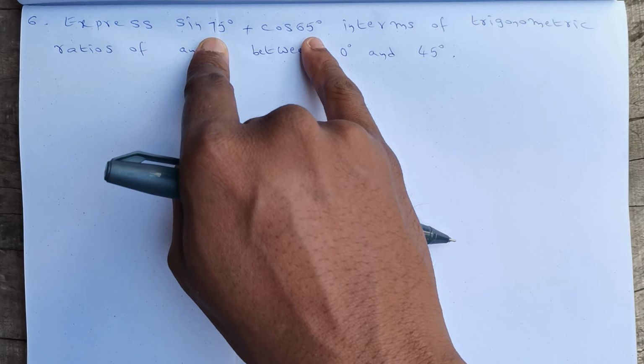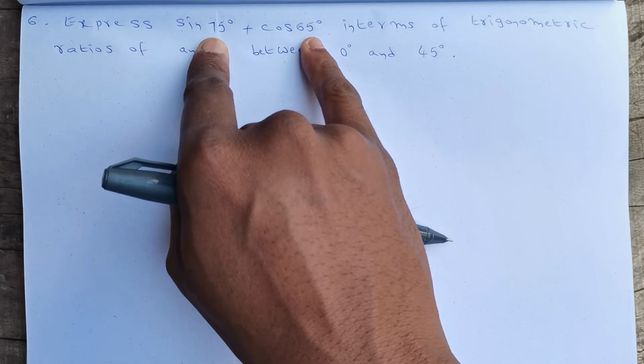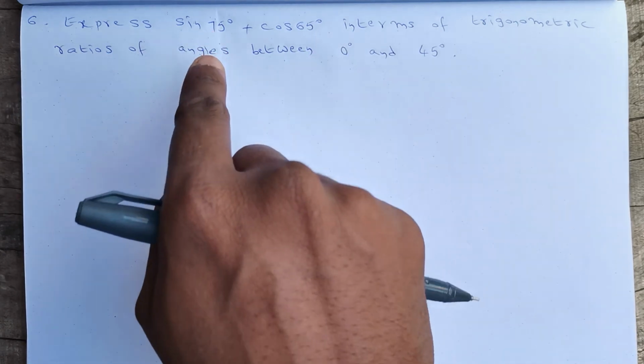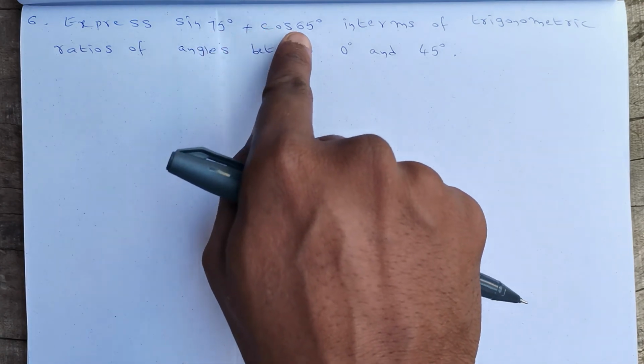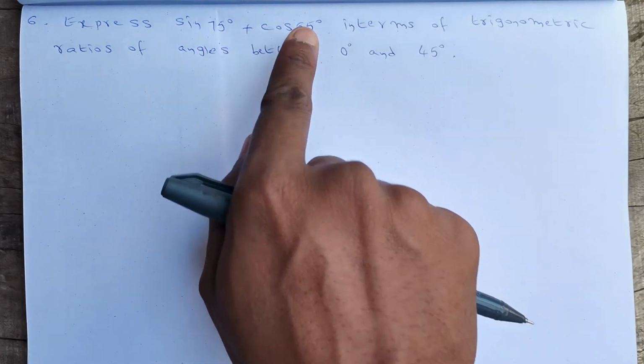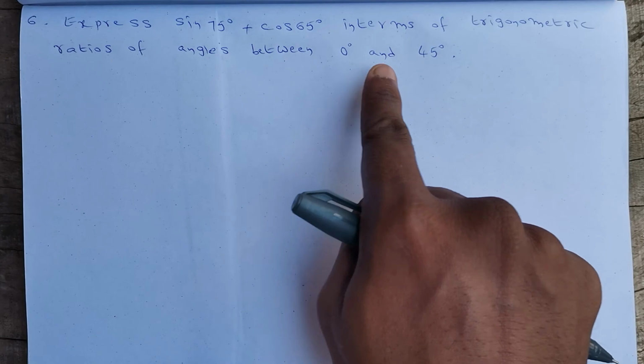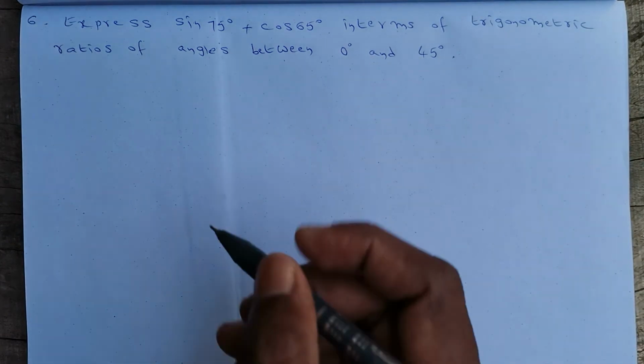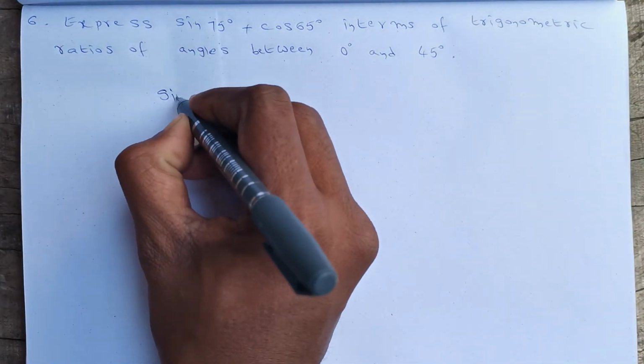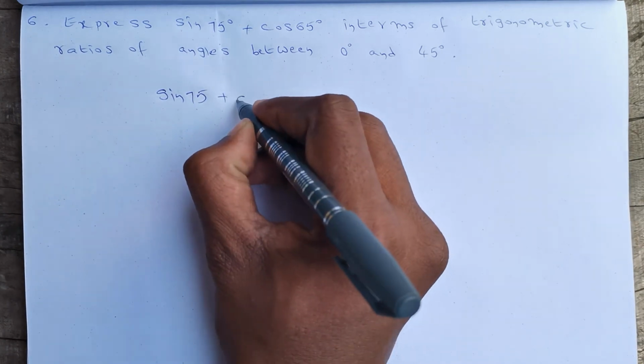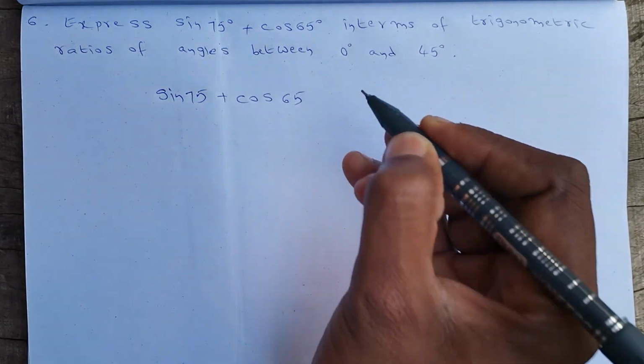But according to our logic, we need to get only 90 degrees. So in this case, we need to change both terms according to the given condition, between 0 and 45 only. So sin 75 plus cos 65.